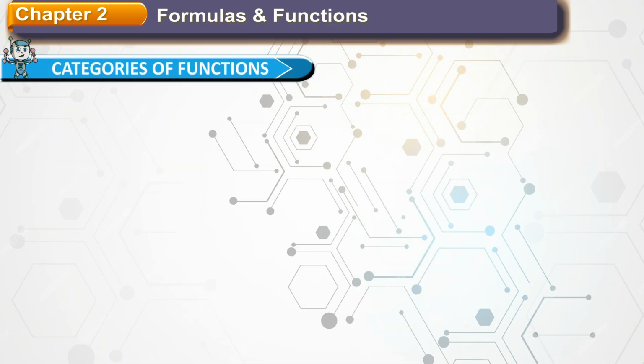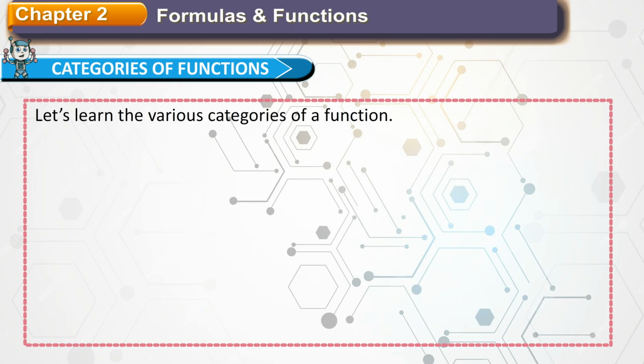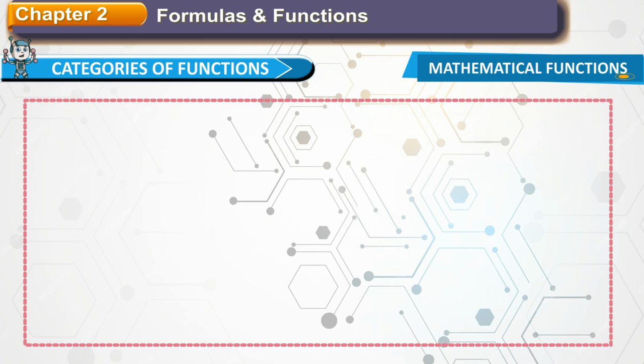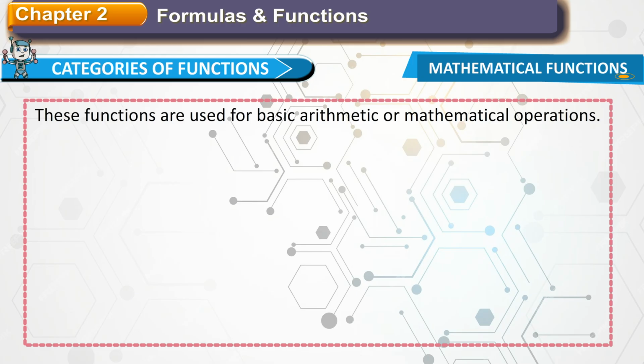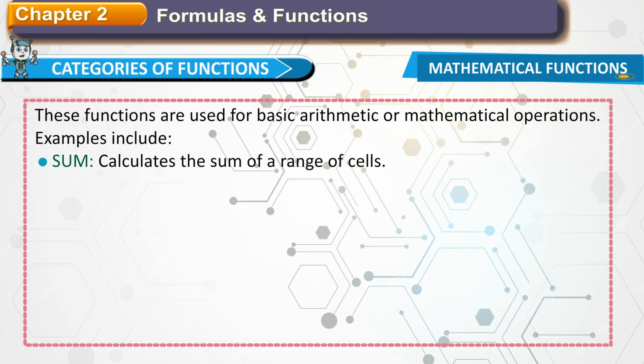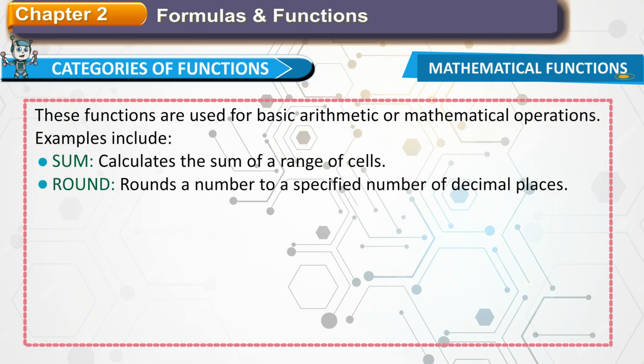Categories of functions. Let's learn the various categories of a function. Mathematical functions. These functions are used for basic arithmetic or mathematical operations. Examples include SUM, which calculates the sum of a range of cells. ROUND rounds a number to a specified number of decimal places.